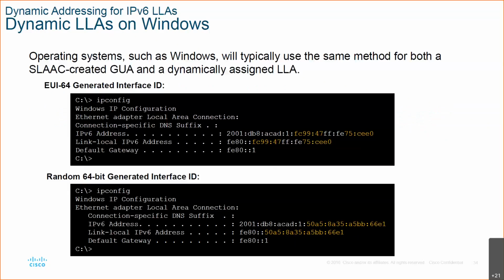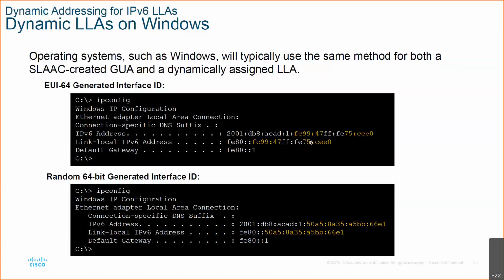In Windows, it's the same method for generating your global unicast address or dynamically assigning your link local address. Like the previous example, if you look at your IP version 6 address and your link local IP version 6 address, you can see the similarity.